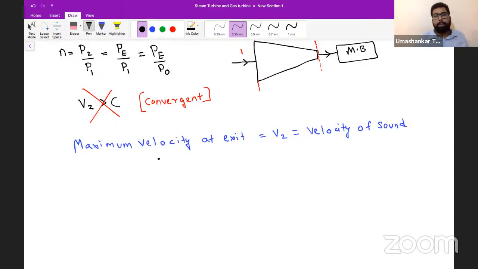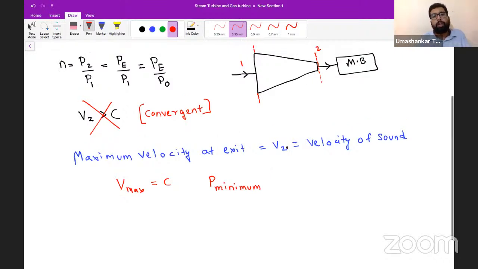Now tell me this. Listen very carefully. If we cannot increase the velocity above C, if our maximum Mach number is equal to 1, we know that when we increase the velocity, the pressure decreases. So corresponding to this velocity, there must be a pressure, which we may call the minimum pressure.